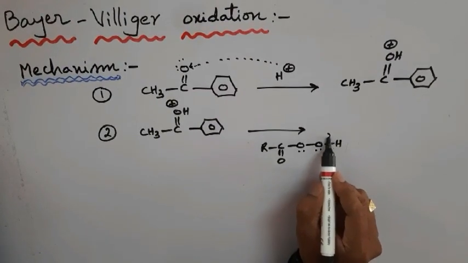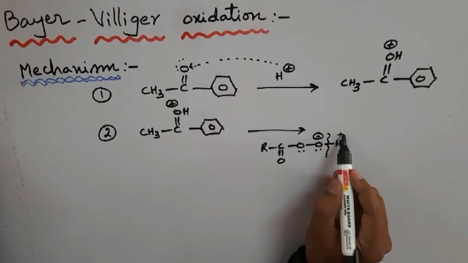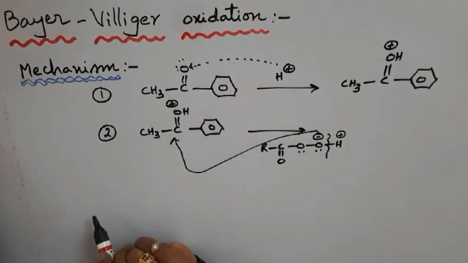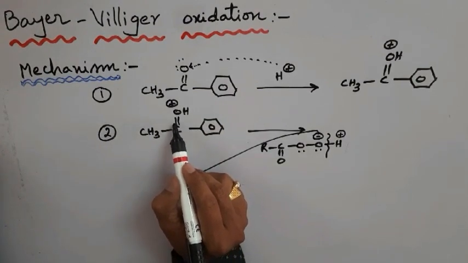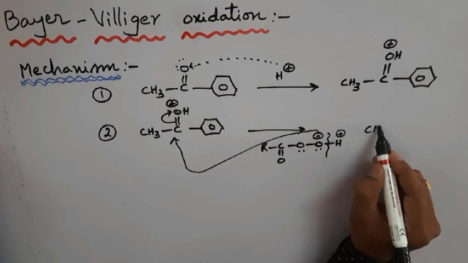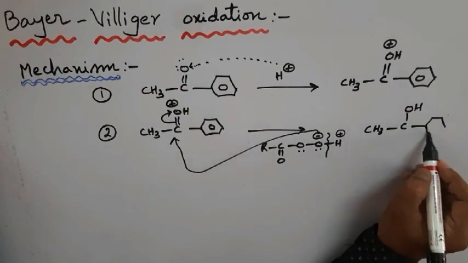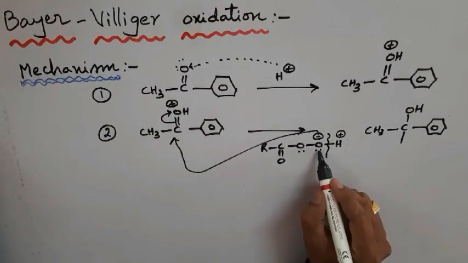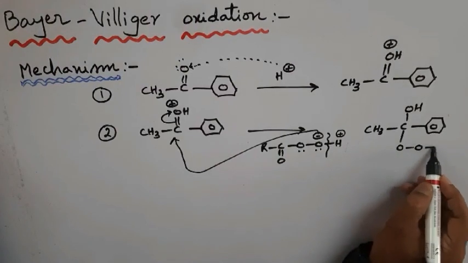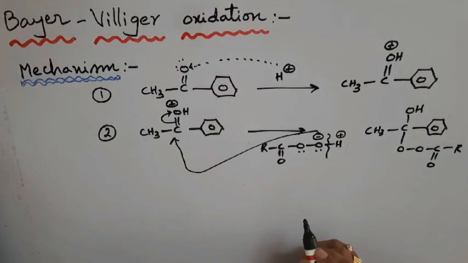This peracid loses a proton and gives us this anion, and this is the proton obtained. Now this anion attacks this carbon. As a result, the pi bond moves onto oxygen, giving a product which is CH3, C, OH, phenyl group on the right, and at the bottom this oxygen attached to the carbon: oxygen, oxygen again, C double bond O, and then R. This is the product obtained.